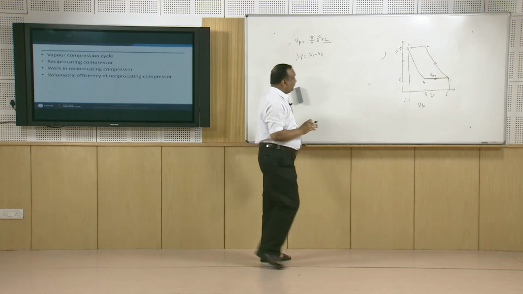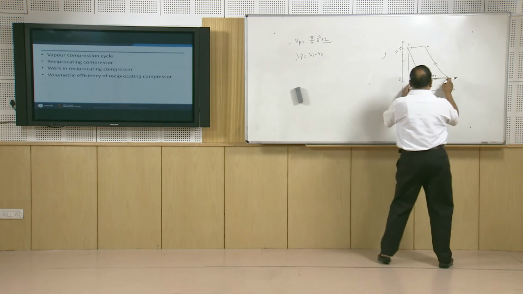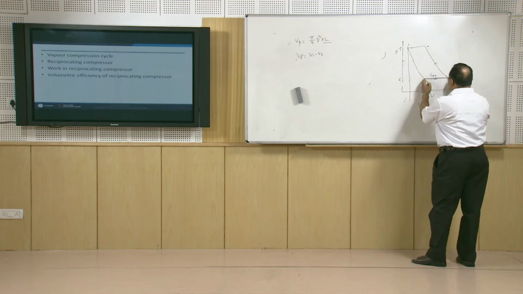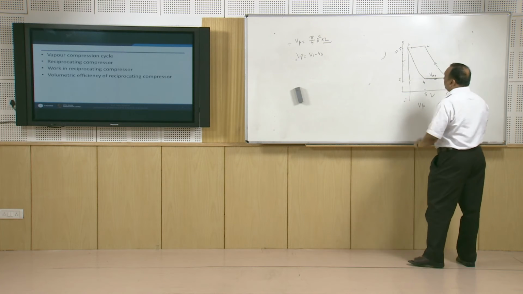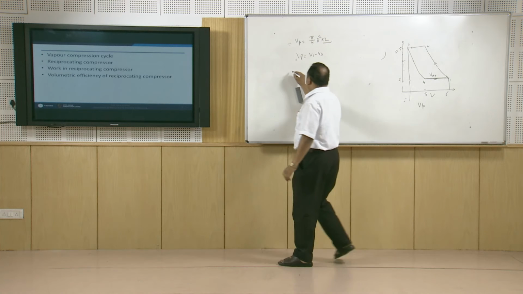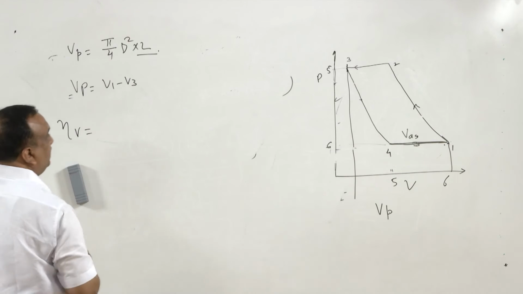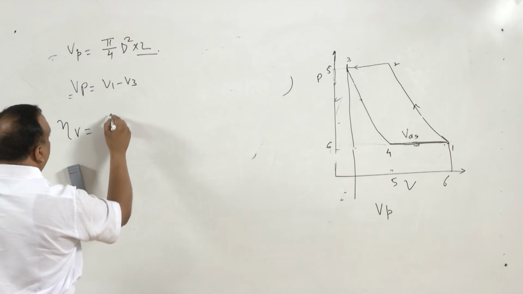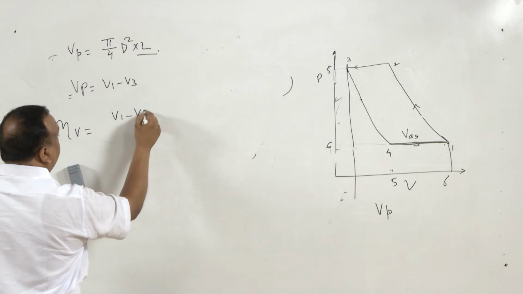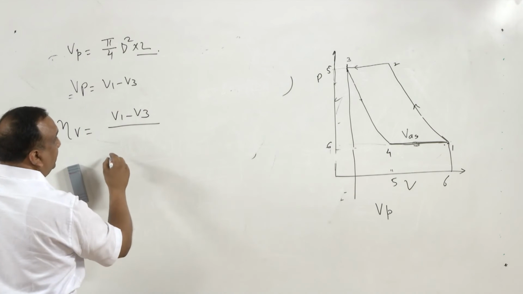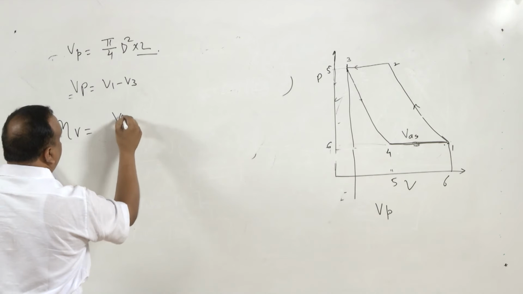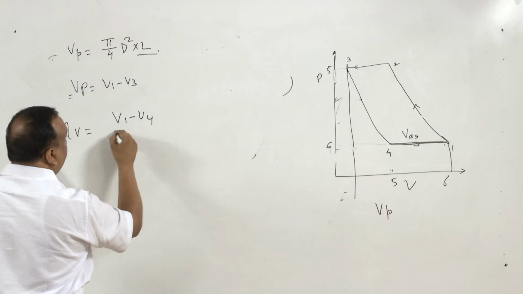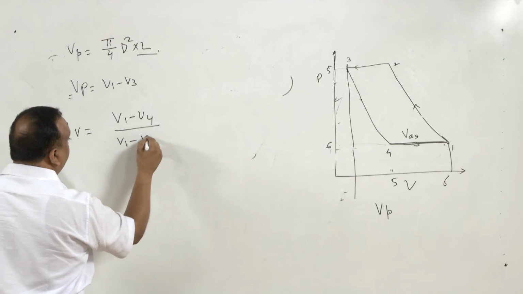So the mass of vapor equivalent to the actually sucked volume divided by the mass of vapor equivalent to the swept volume is the volumetric efficiency. So volumetric efficiency is going to be equal to (V1 minus V4) divided by (V1 minus V3).